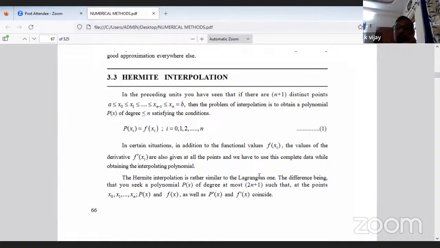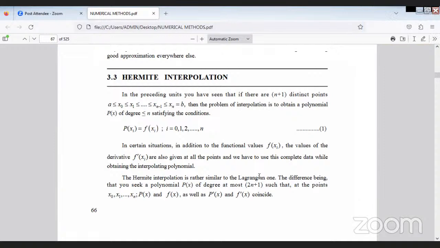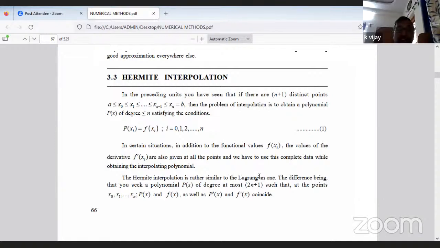In the problem of interpolation, the polynomial p of x is equal to f of x at xi, for i is equal to 0, 1 to n. In certain problems, along with the values f of xi, the values of the derivative f dash xi are also given at all the points, and we have to use this complete data for obtaining the interpolating polynomial. In the earlier unit we took the Lagrange one.